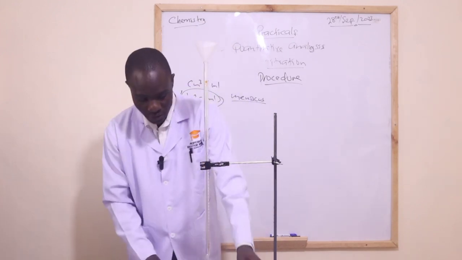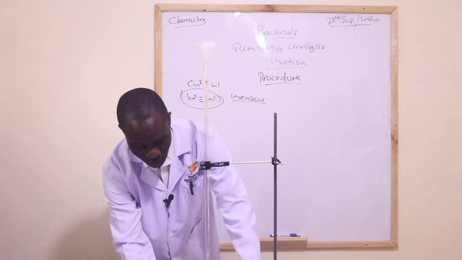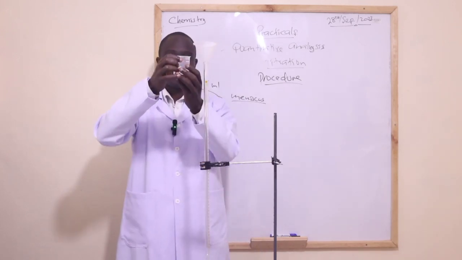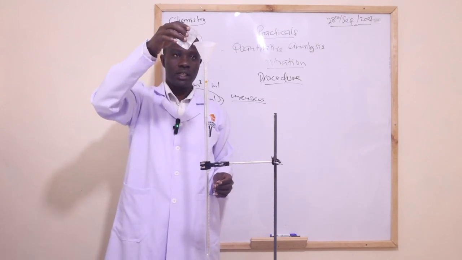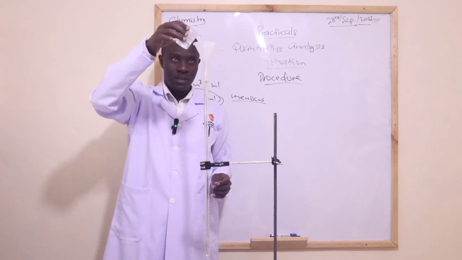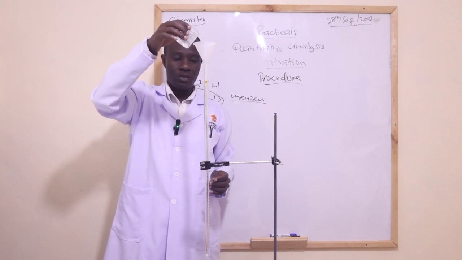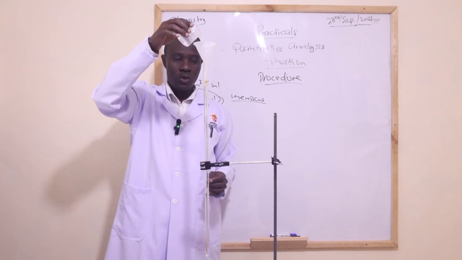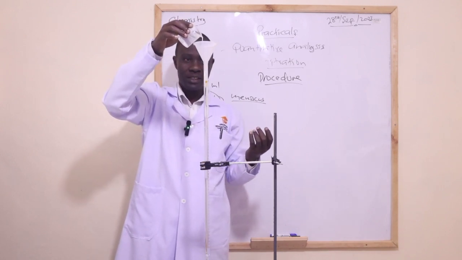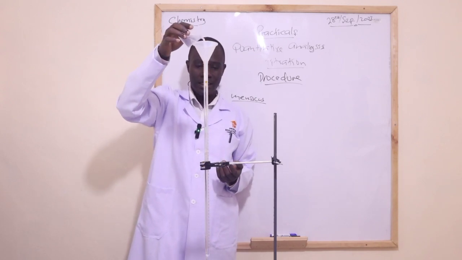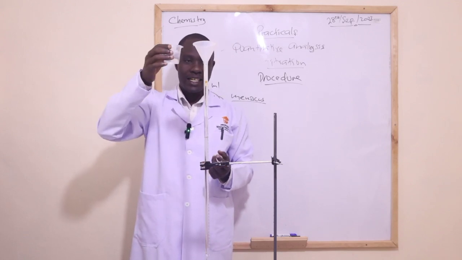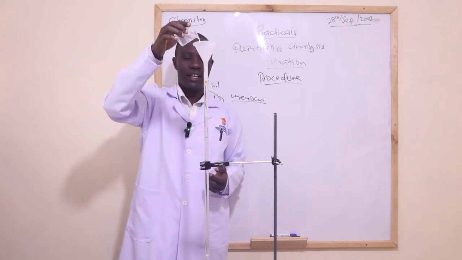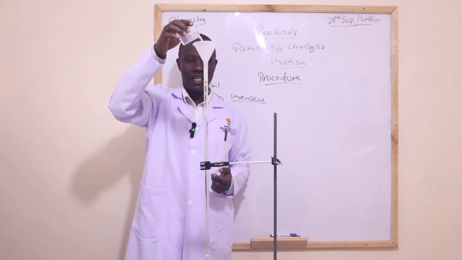Then you pour off the titrant such that you can fill the burette. Don't fill it to the brim, and you don't have to fill it to the meniscus, because that doesn't guarantee that the titrant up to the meniscus is enough for the reaction.